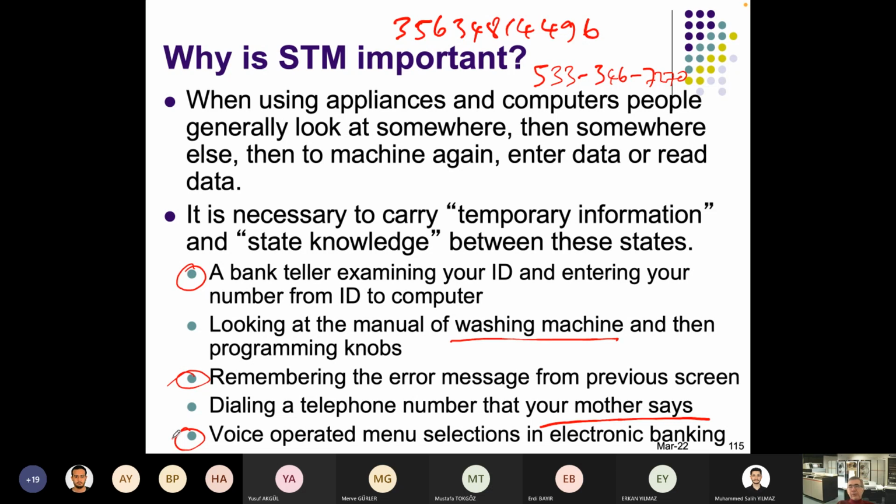Basically, if you have too many selections, as the voice speaks on the phone through the 7, 8, 9, then you tend to forget 1, 2, 3, so the beginning part. Therefore, it is much better to use 3 or 4 selections, and then go to another 3 or 4 selections, and another 3 or 4 selections, rather than having everything in one big menu in the voice operated menu.